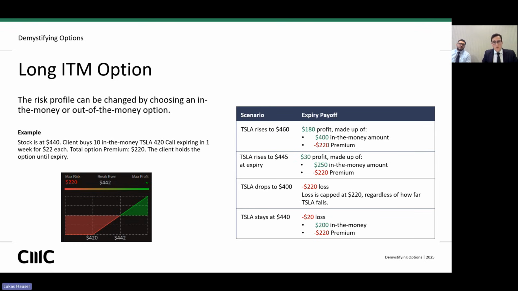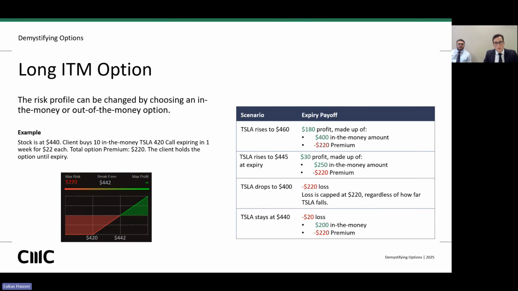When we look at the scenarios again, and the Tesla stock goes to $460, the option ends $400 in the money. And because we again need to pay the premium, which is $220, the net profit would be $180. Then if Tesla goes to 445, we now turn into a profit because the in-the-money amount is larger compared to the premium that we need to pay.